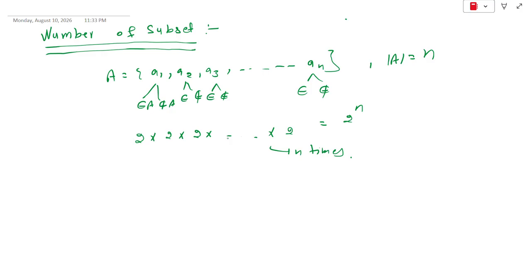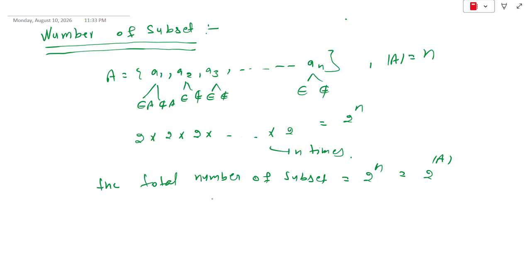We have n such choices. Therefore, the total number of subsets is 2 to the power n. Also we write 2 to the power cardinality of A.